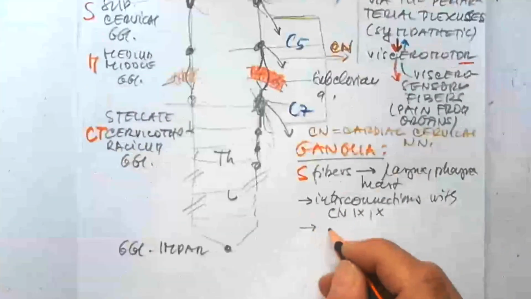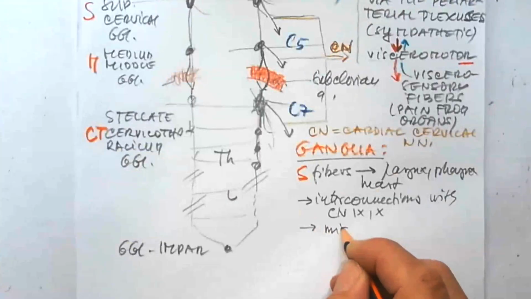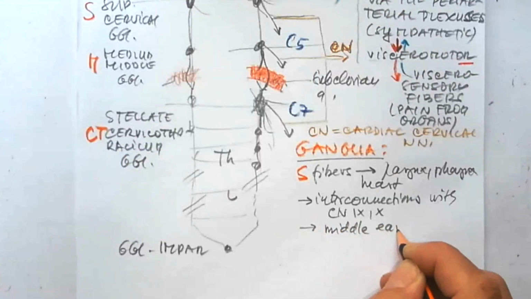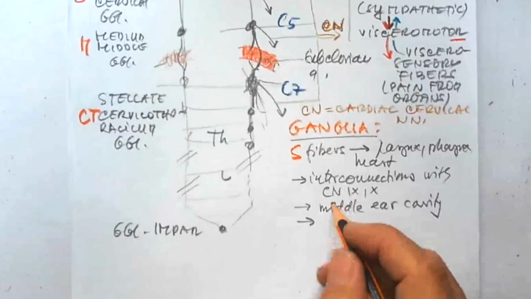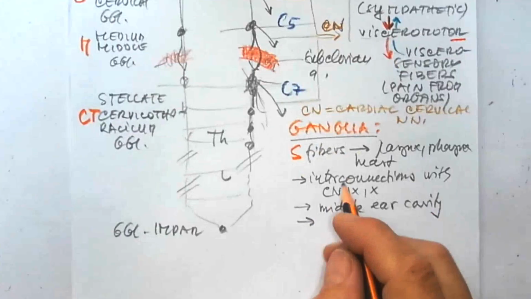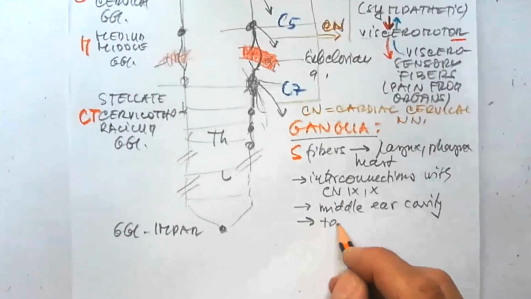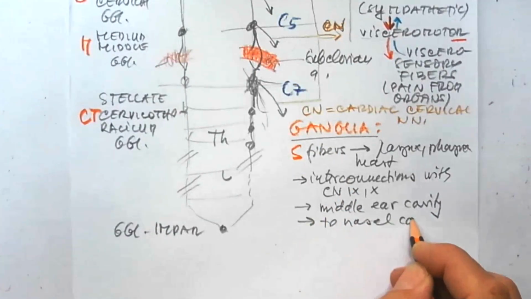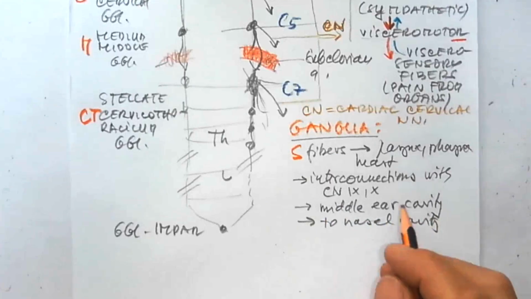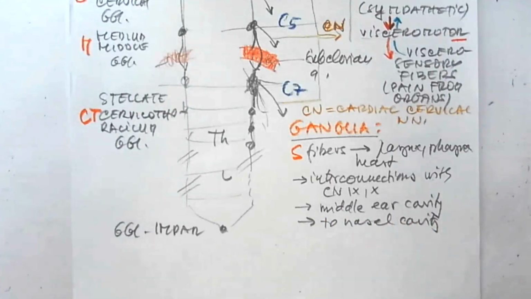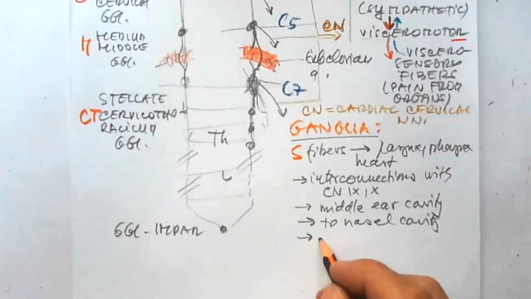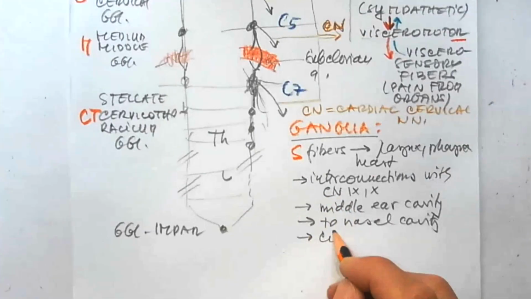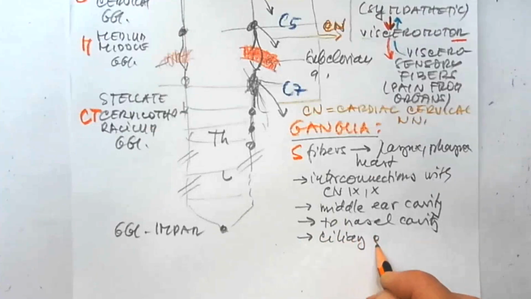Then they send the fibers to the middle ear cavity. Then the fibers run to the nose, to the nasal cavity. We call it the petrosal part, but this is sufficient. Then to ganglions, to the ciliary ganglion.